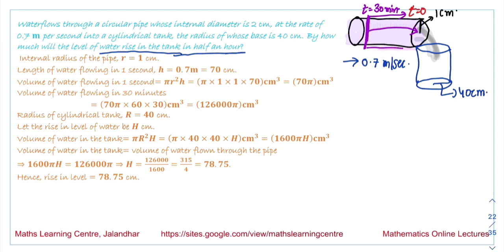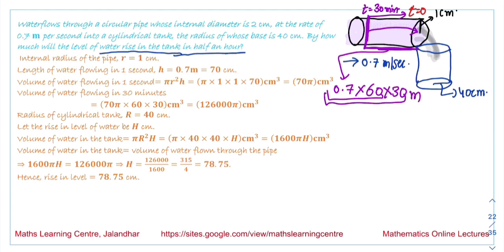So how much distance this water has traveled is given by 0.7 into 60 into 30. We are saying into 60 means this is in 1 minute and this is in 30 minutes. So this much meter of distance the water has traveled.